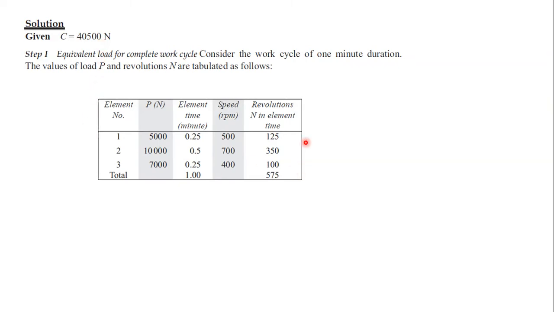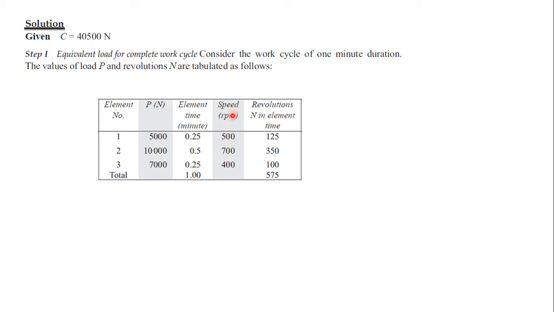First you have to mention this data for element number 1, 2 and 3. Load for element 1 is 5000, for 2 is 10,000, for 3 is 7,000. And element time is given in percentage, so we are mentioning 0.25, 0.5 and 0.25.